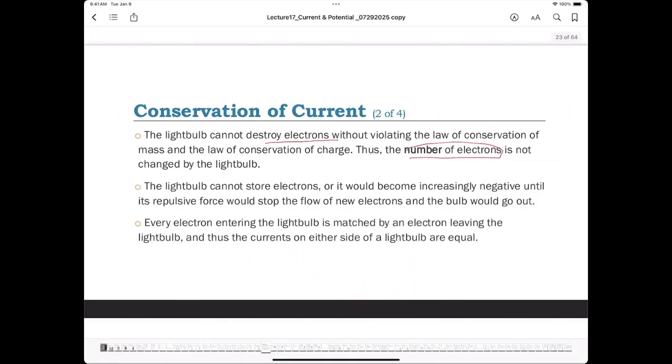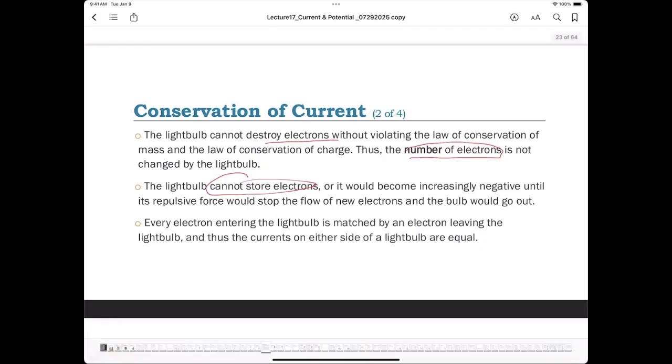The light bulb cannot store electrons, or it would become increasingly negative until its repulsive force would stop the flow of new electrons, and the bulb would go out.